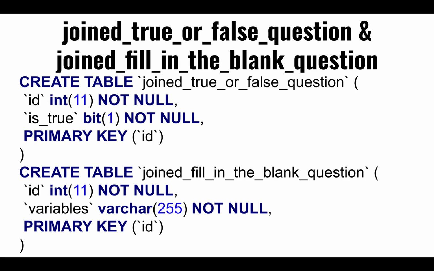Notice that something missing here that I would have loved to see is that this primary key is also a foreign key. JPA does that for us. JPA is making sure that these IDs are the same. That this ID, when I insert the join fill in the blanks, is the same ID that I use for the record in the base class, in the base type.